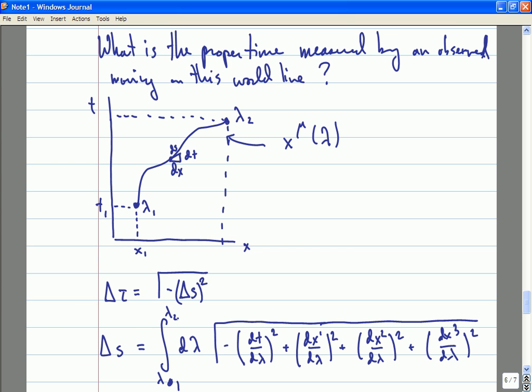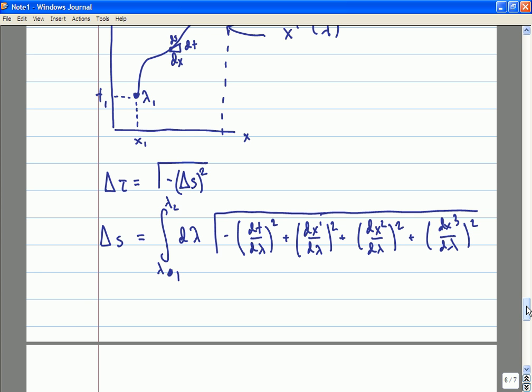Now, hopefully this expression is not too surprising to you, because if there wasn't that funny minus dt by d lambda squared term, this would be nothing more or nothing less than the expression for the length of some curve through three-dimensional space, as you would have learned in your class in multivariable calculus. So all we have done here is account for the fact that the metric of Minkowski space, eta mu nu, has that funny minus sign, which leads to this negative term in our expression for the square root.